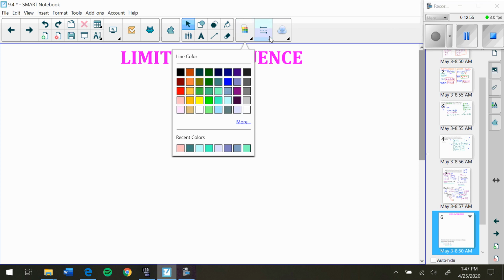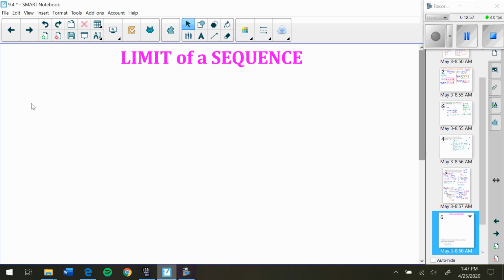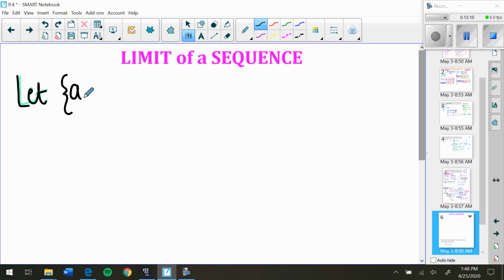Last thing in this section is finding the limit of a sequence. So let this a sub n be a sequence. Basically, I'm just saying, take any sequence.